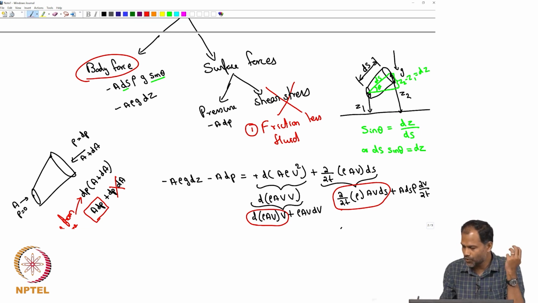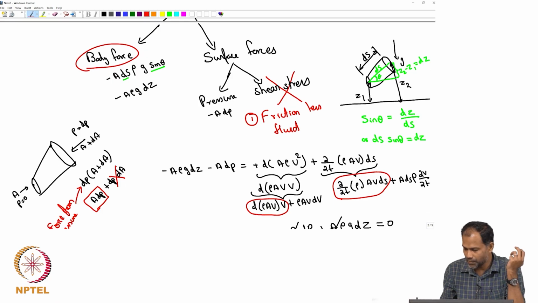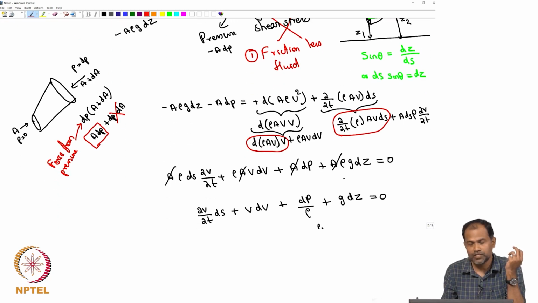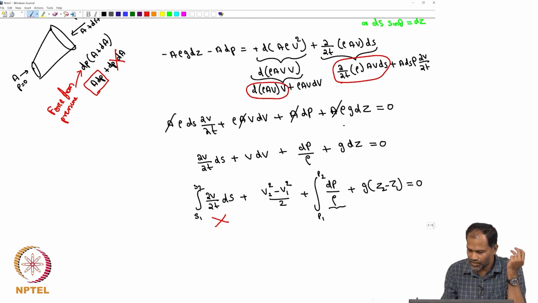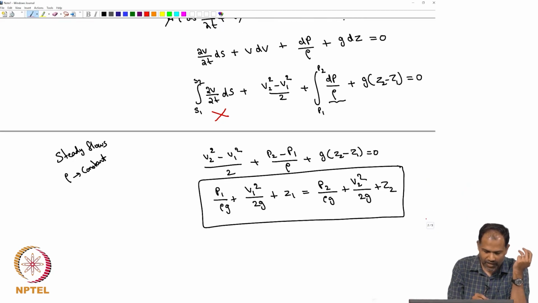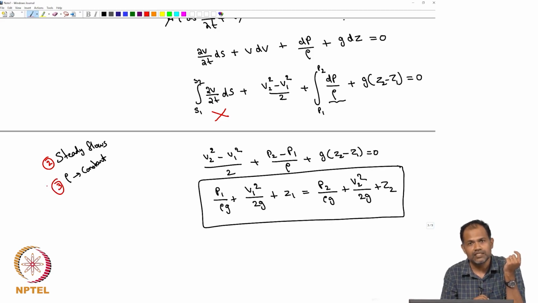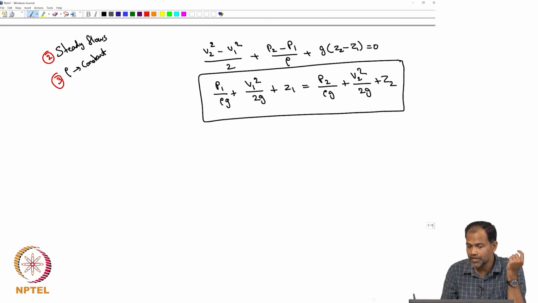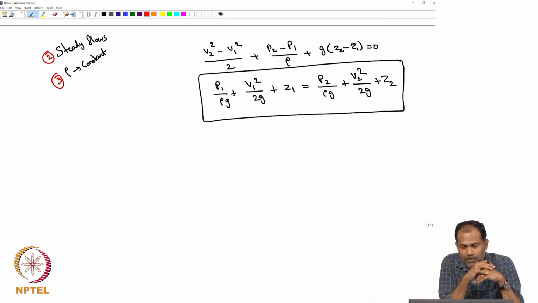That is important, because that means Bernoulli's equation should be applied only when your fluid has really no friction. The second assumption is that it is applicable only for steady flows. Third is that we are assuming that the density is constant. So, these are the three assumptions that have really gone in deriving Bernoulli's equation.